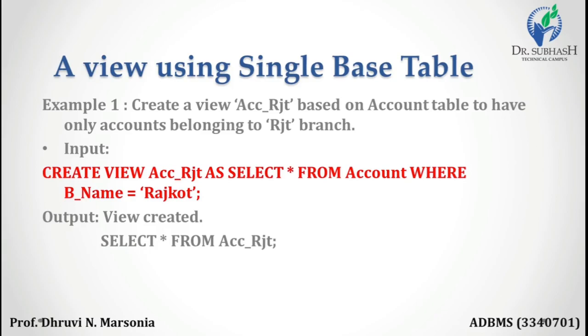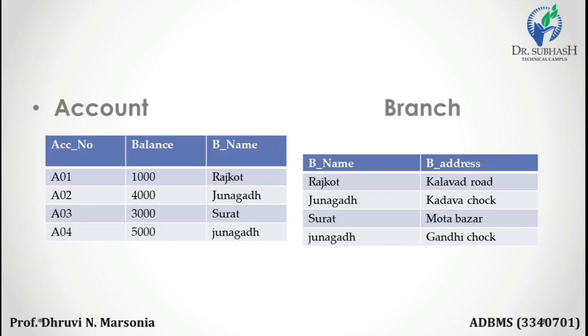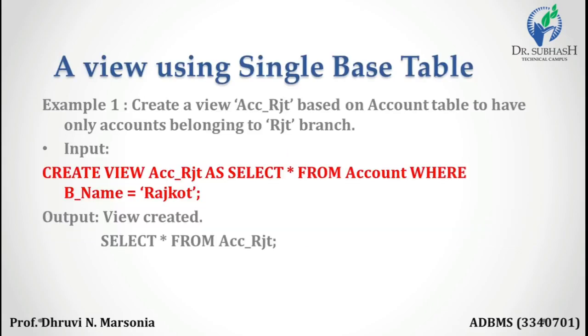In this example we consider two tables. First of all, we create a view using a single base table. Create a view SSE_RJT based on the account table to have only accounts belonging to the Rajkot branch.